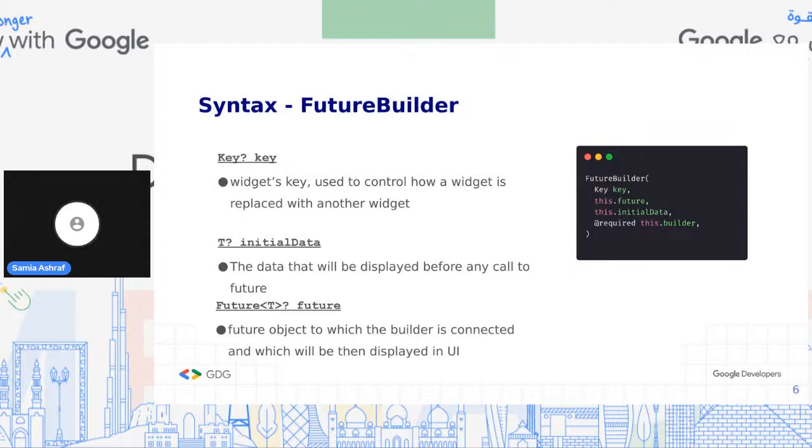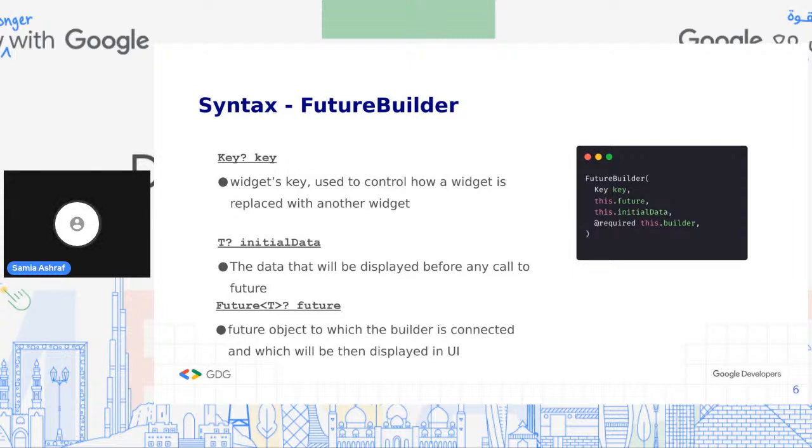Next, let us look at the Future Builder syntax. On the right side, I have a Future Builder widget that has 4 parameters: key, future, initial data, and a builder. So what is a key? The key is the widget's key using which we can control it or replace it with another widget.